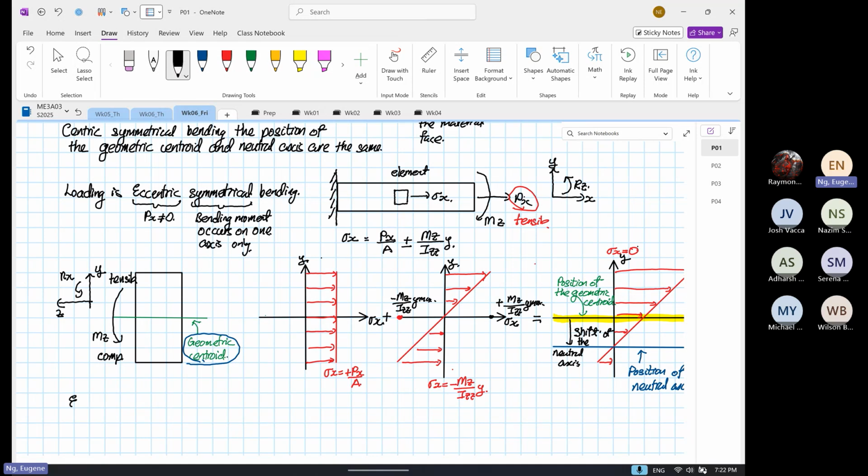In eccentric symmetrical bending, the position of the geometric centroid and neutral axis are not the same.